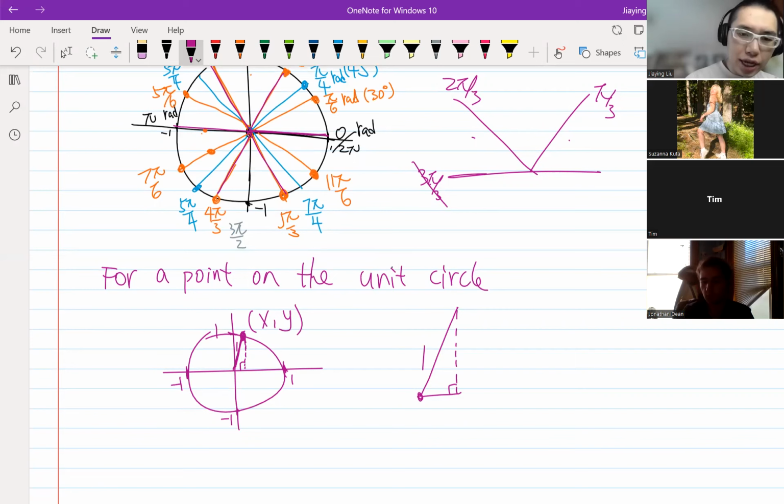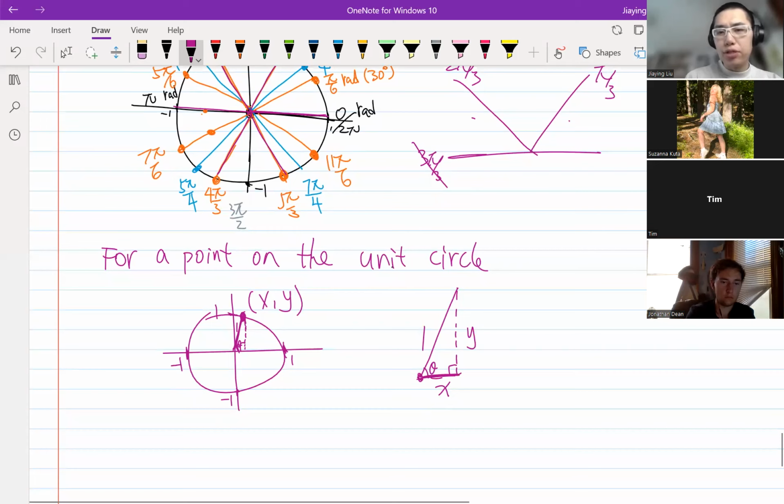And let's say this angle here is theta. So this is theta. And you probably wonder, if I want to know how long this side or the vertical side is, can I find it? Yes, we can find it. So let's call this x because it's in the x direction, and let's call this y, it's in the y direction.